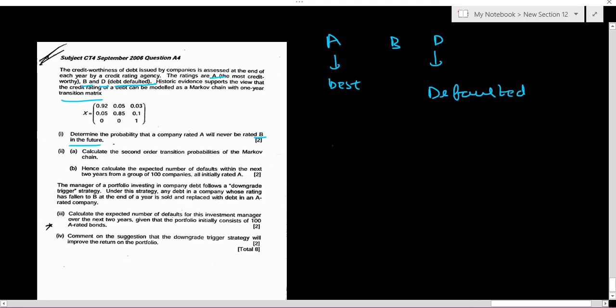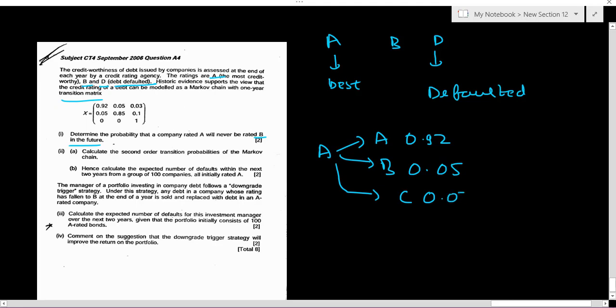Okay, let's see. If a company is currently rated A, okay, three things can happen to it. It can either go from A to A itself again with a probability which is 0.92, which is given right there. It can go to B, which I do not want to happen, which is 0.05, and to C with the probability 0.03, right?